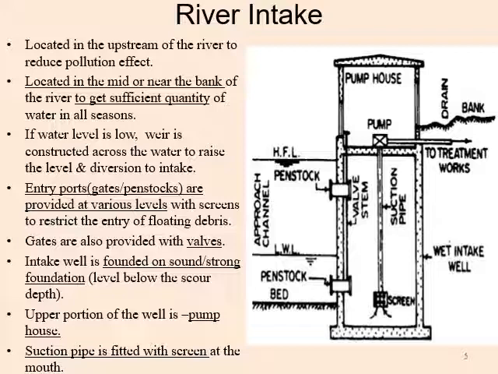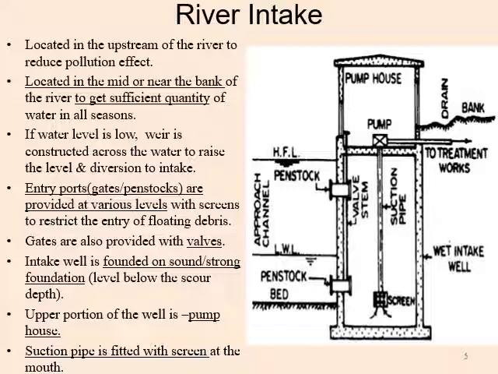Here entry ports, which may be named gates or penstocks, are provided at various levels with screens to restrict the entry of floating debris. If there are floating materials or debris present with the water flow, screens should be located so that they will not enter through the gate or into the pipe.